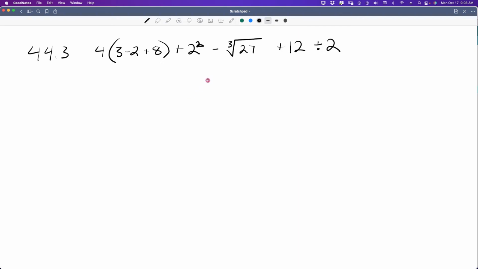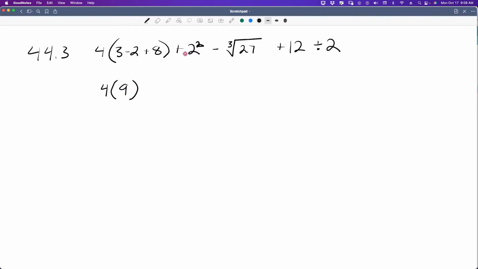So again, we look for parentheses first. So here we have some parentheses. Let's put our parentheses here. 3 minus 2 is 1 plus 8 is 9. So that's 9. Now we have plus 2 squared.